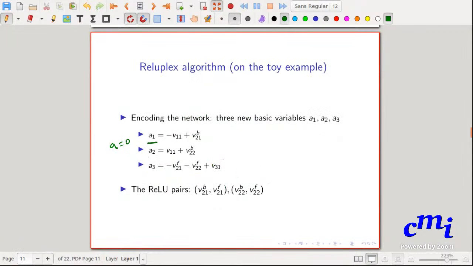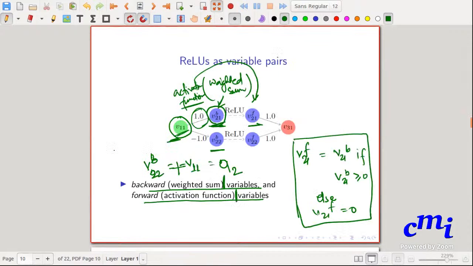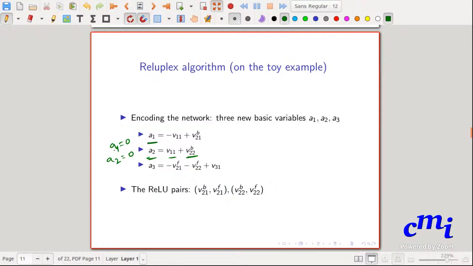So A2, which is V11 plus VB22, this is the equation, and we'll force that A2 is equal to 0. Yes, this is actually the tableau. These are the additional variables, which are called additional variables or slack variables in the literature.